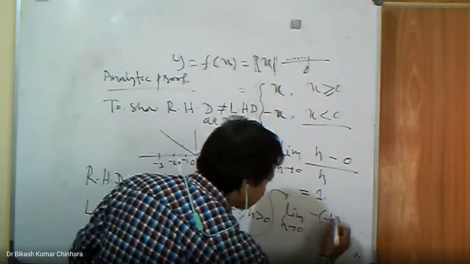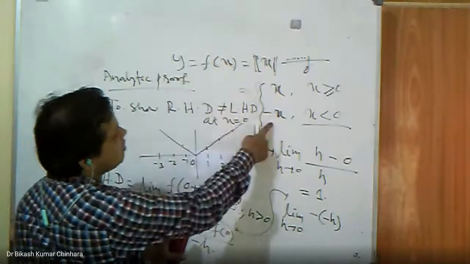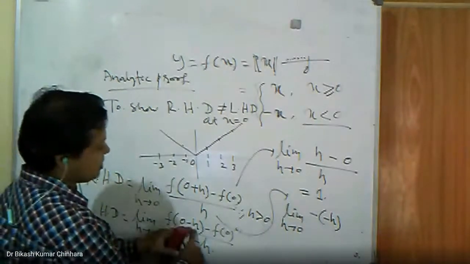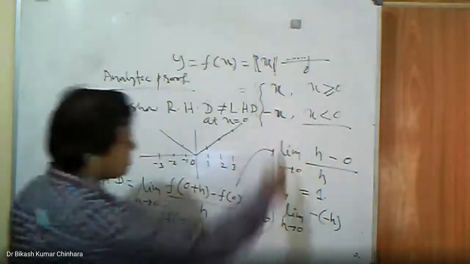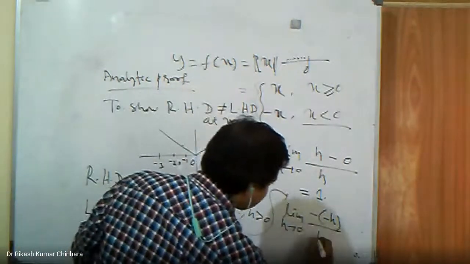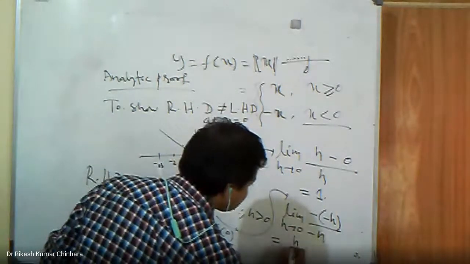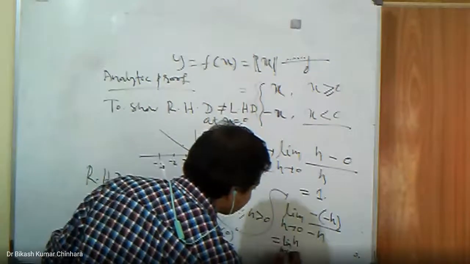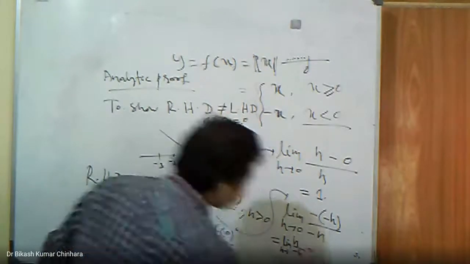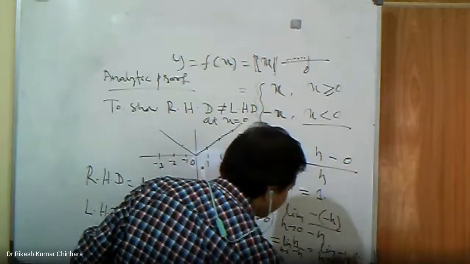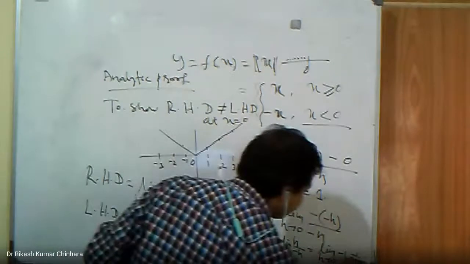Your argument is minus h, so when f of x, its value will be minus x. Here you are evaluating f of minus h, so it will be minus of minus h, which is h, and then there is minus h. So you may write limit h tends to 0 of h by minus h. What is its value? Limit h tends to 0 of minus 1, so its value will be minus 1.